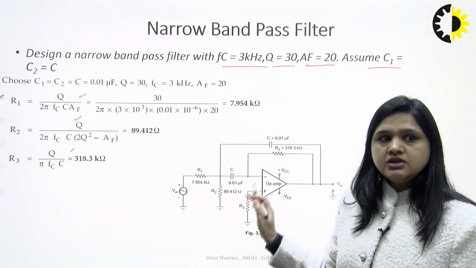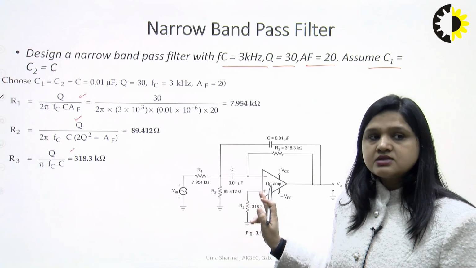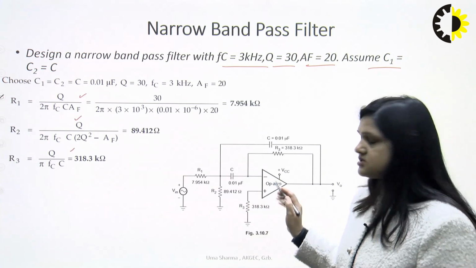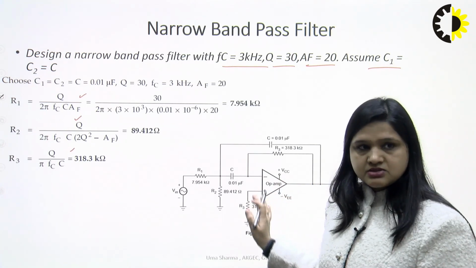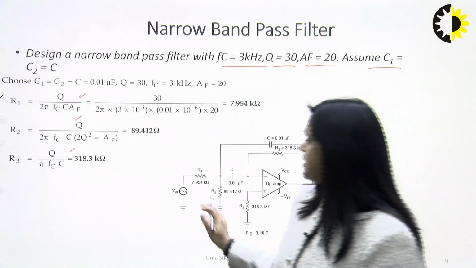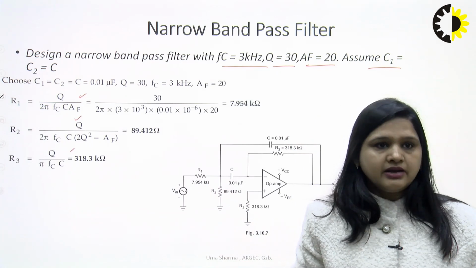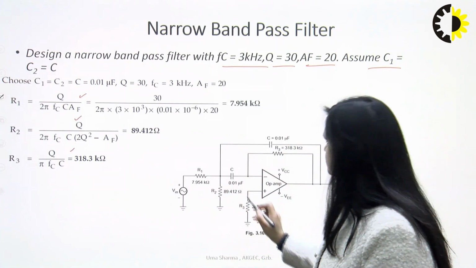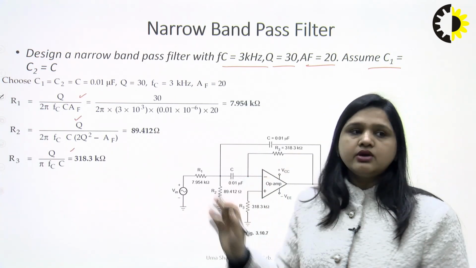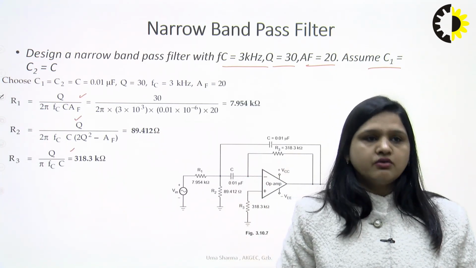So based on this circuit, you can say it's a second order narrow band pass filter. First of all, you have to remember this circuit diagram. For this circuit diagram, if we have to design a filter, that means definitely we have to calculate R1, R2, R3, C1, C2. This is the meaning of designing.